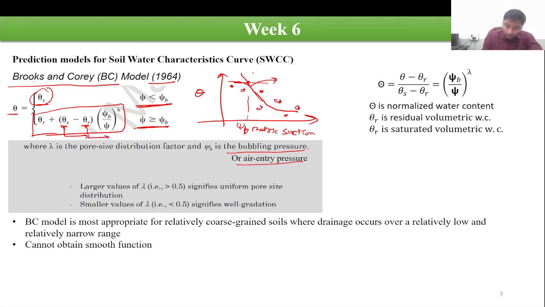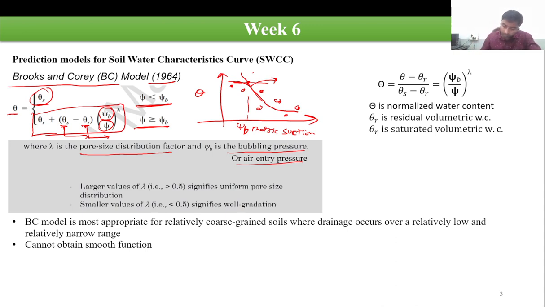Then we have this term, the bubbling pressure divided by the matric suction, to the power lambda. Lambda is the pore size distribution factor. This equation can be used to fit a curve to the laboratory experimental data, and this is one of the prediction models available in the literature.